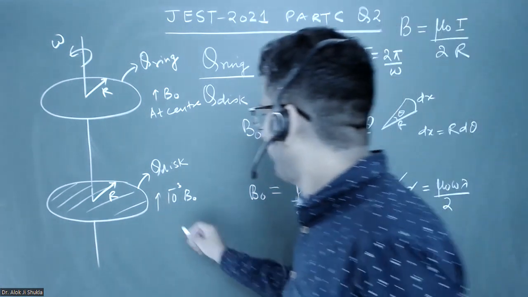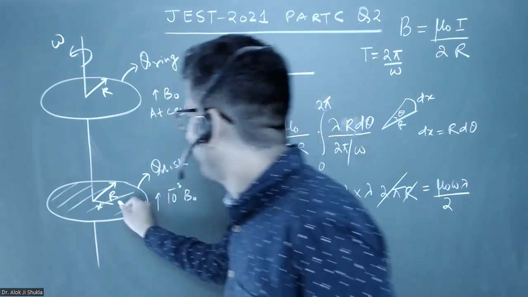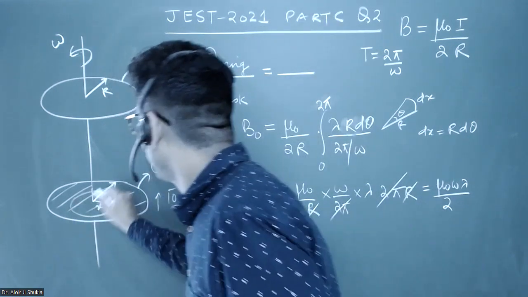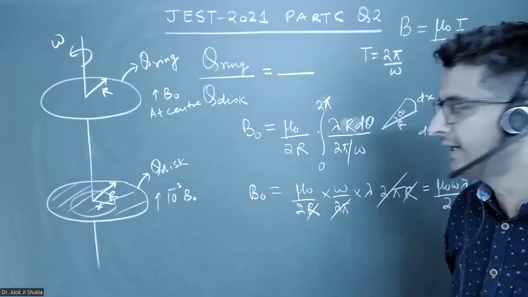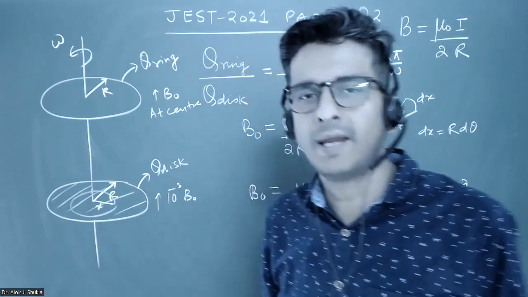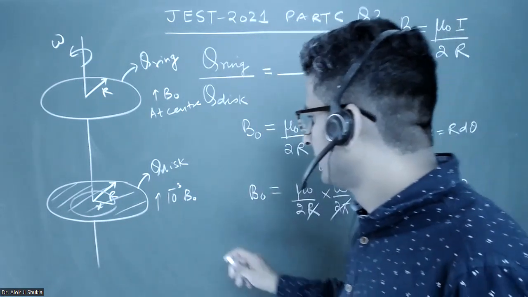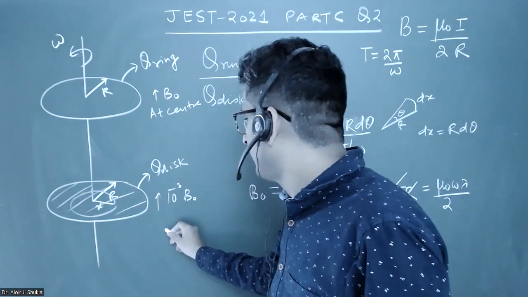For the disk, at a distance x, I will have to consider a small ring of thickness dx. How much charge will that contain? It will be 2 pi x into the length dx.